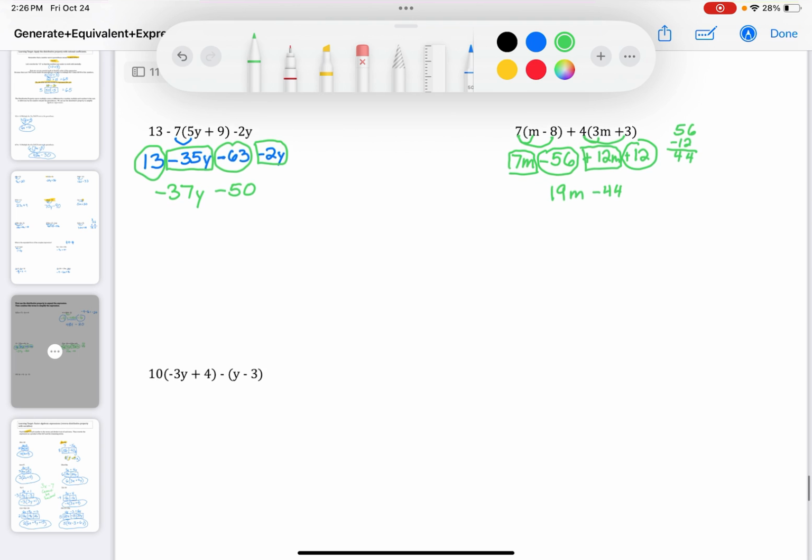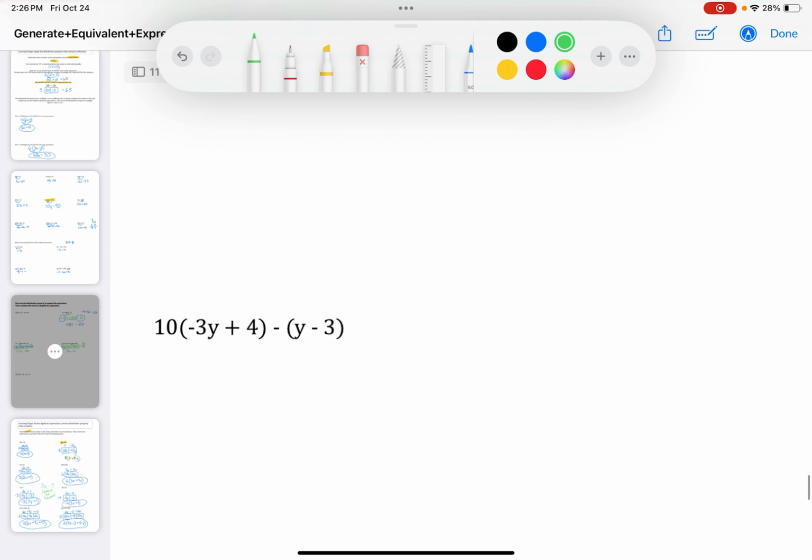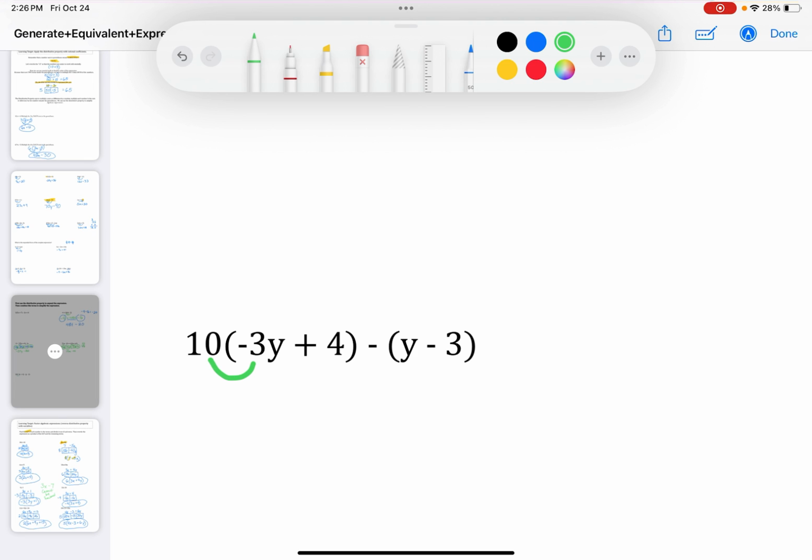All right, last one. This last one is loving the negatives. So I have 10 times negative 3y would be negative 30y. Plus 10 times 4 is 40. Now the second one, it's minus, it's in parentheses, but that means I need to distribute the negative.